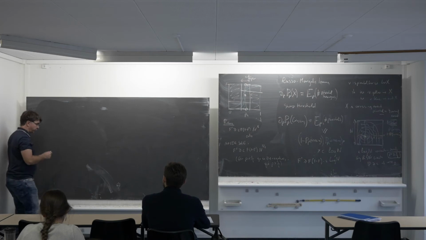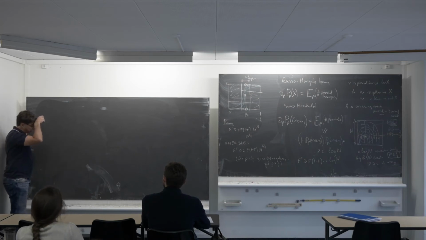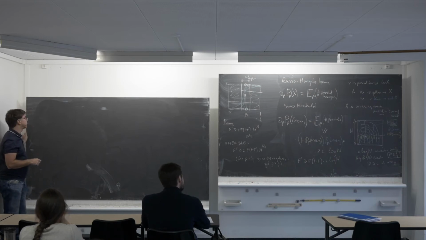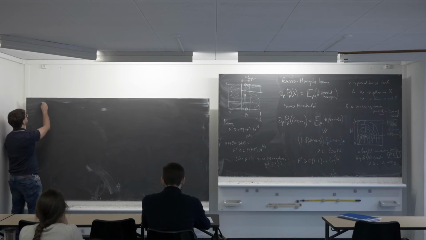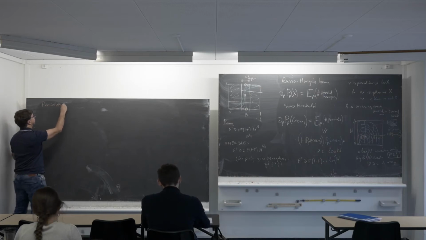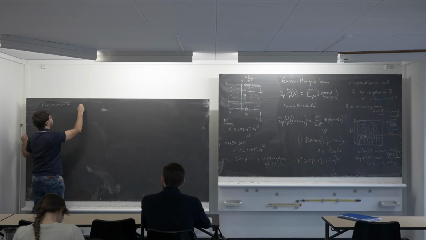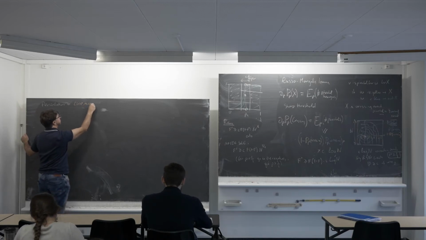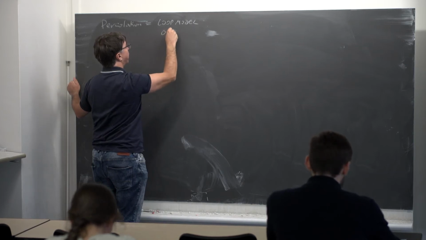So I want to first move this point inside the domain, but first I want to rephrase this model. So let's say percolation is equal to what is called, well, a loop model. More specifically, it's what is called the O(1) loop model.